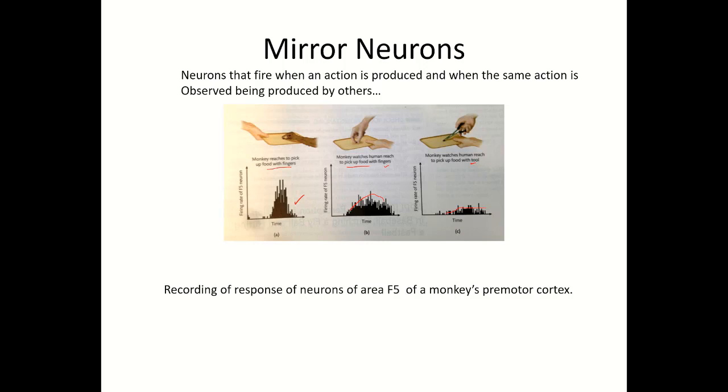And the mirror neurons have been studied a lot recently, and that study linked the mirror neurons to a common clinical condition that is called autism, autistic spectrum.